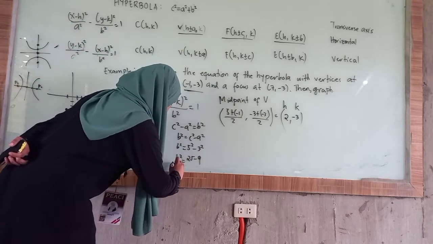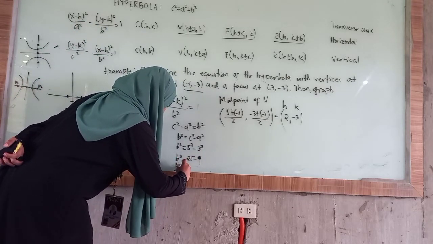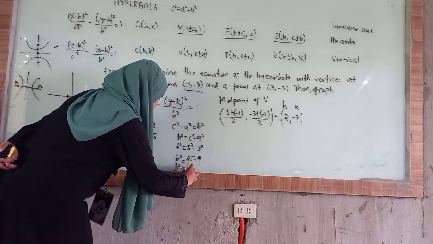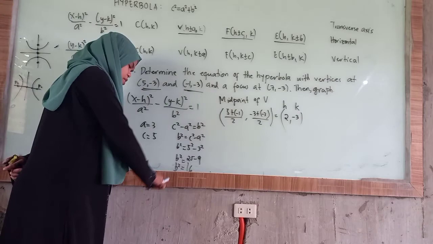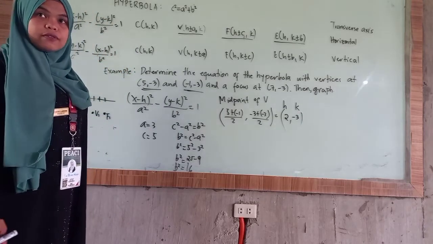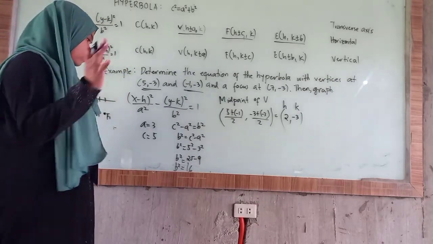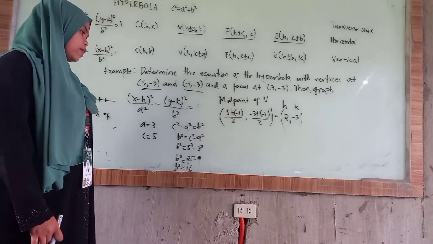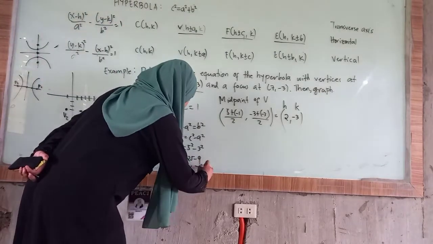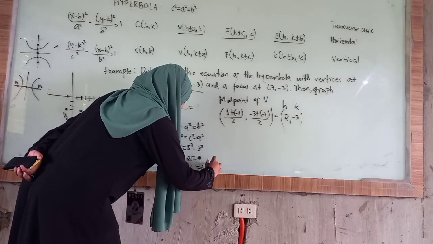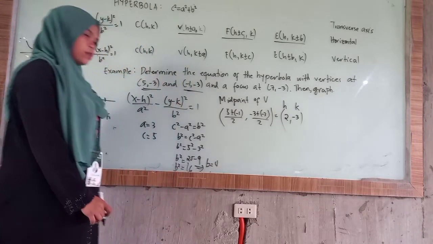So that implies na ang B squared ko, that will be equal to 16. So by applying square root, we have two possible values, that is either positive or negative 4. But I have to take only the positive one kasi wala namang distance sa negative. So this implies class na ang B natin ay equal to positive 4.